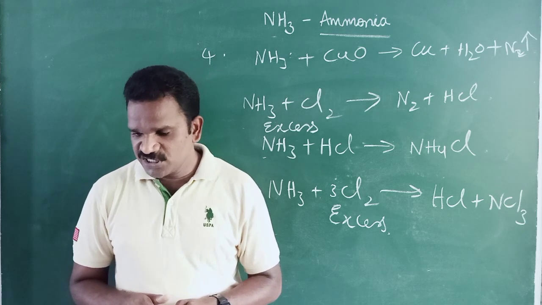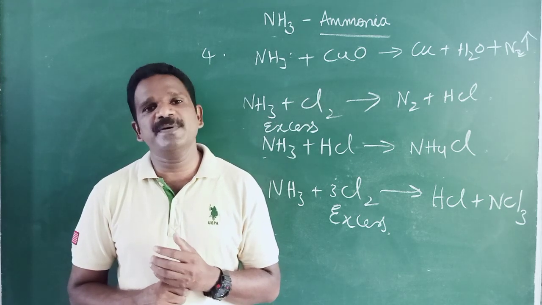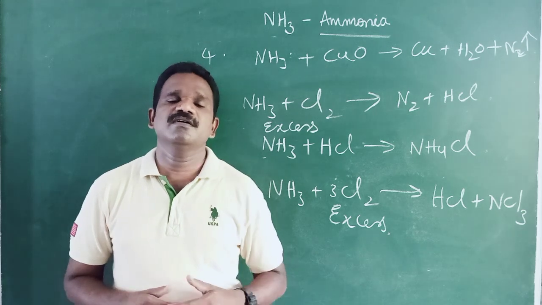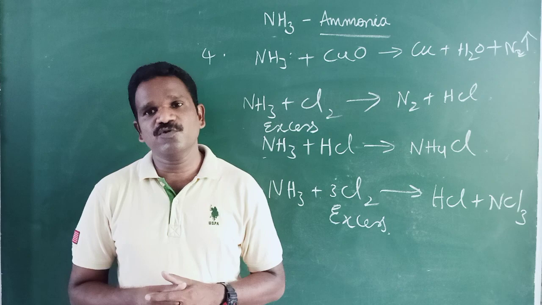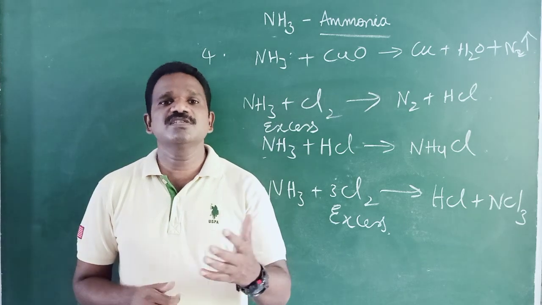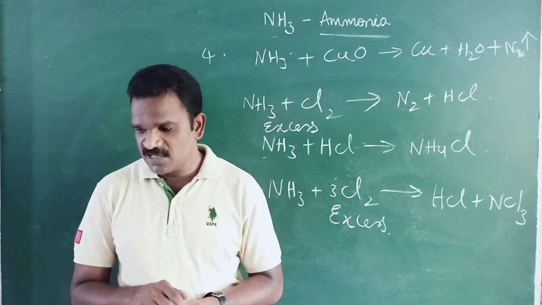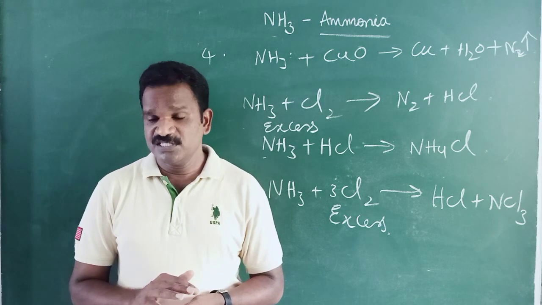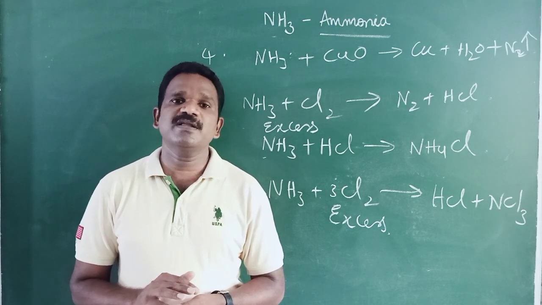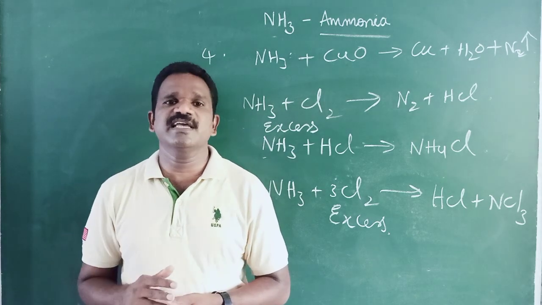Lastly, blue colored copper sulfate, when treated with ammonium hydroxide, we are getting a pale blue precipitate of copper hydroxide. So these are some of the examples: ferrous sulfate, ferric chloride, lead nitrate, zinc nitrate and copper sulfate. All these we have studied in analytical chemistry.